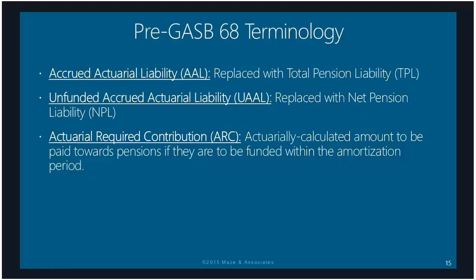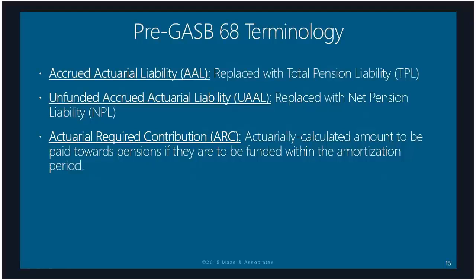The next thing here is the unfunded accrued actuarial liability, or UAL. It too used to be in the footnotes, like I said, as a table or a disclosure. It's now being replaced, or phased out, as net pension liability, NPL. In essence, the NPL, or net pension liability, is the amount of money left over that is unfunded.